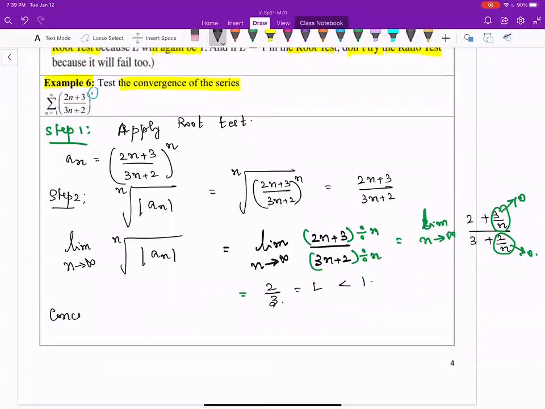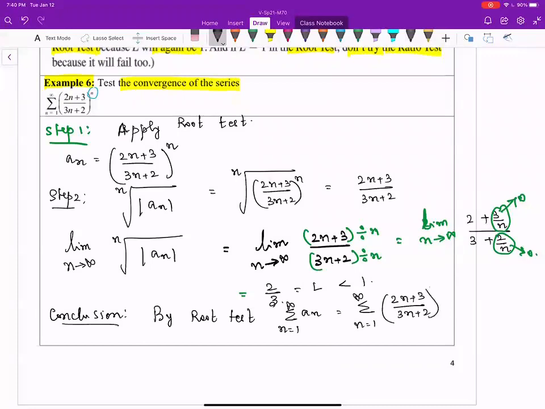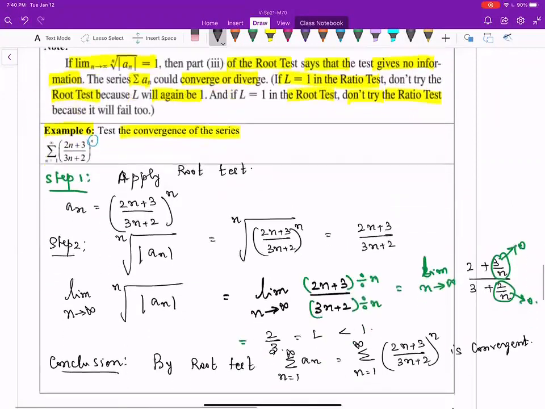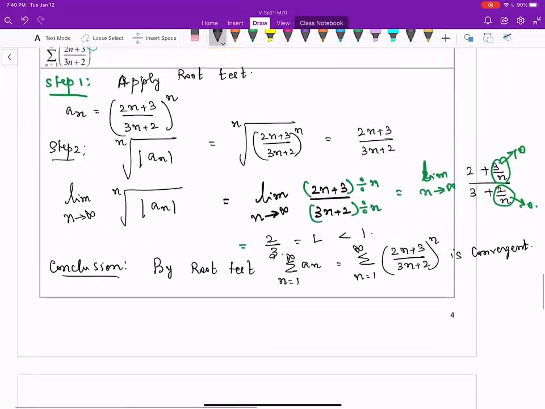Therefore, the conclusion would be, by the root test, the given series, which is (2n plus 3 over 3n plus 2) to the power n, is convergent. In fact, it is absolutely convergent and hence convergent.